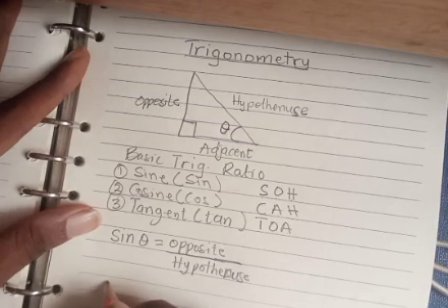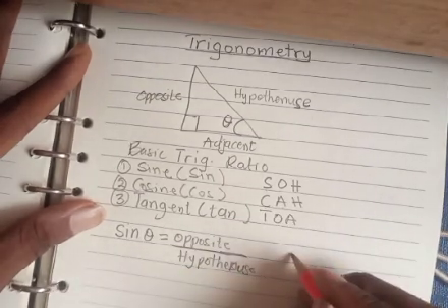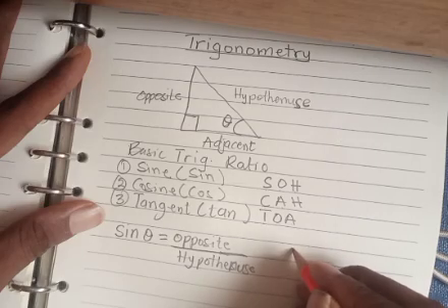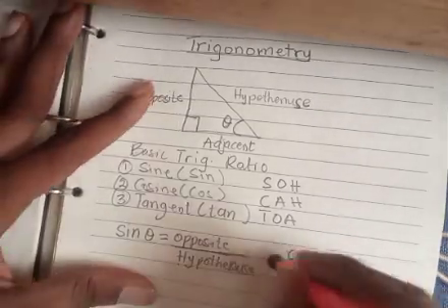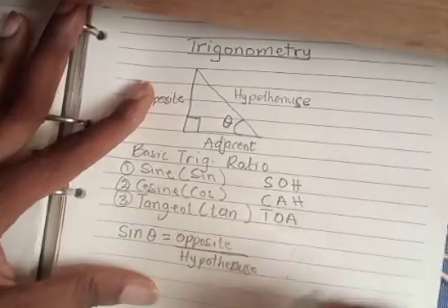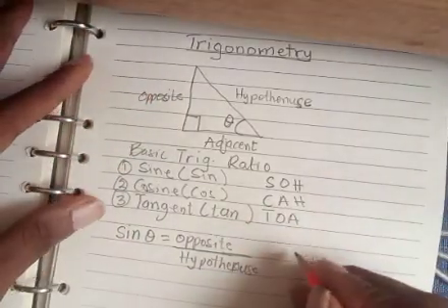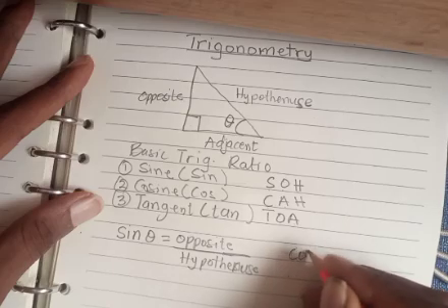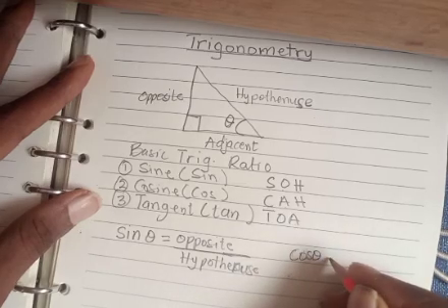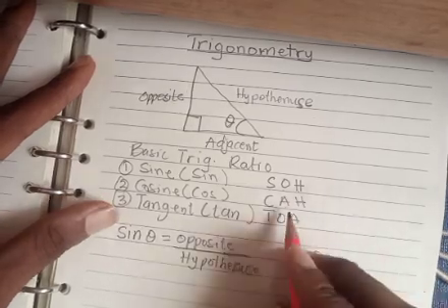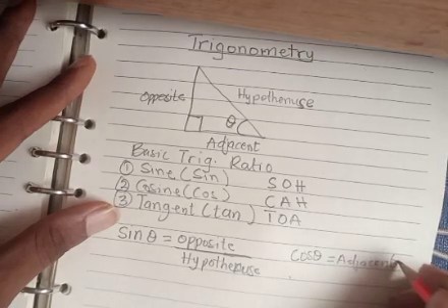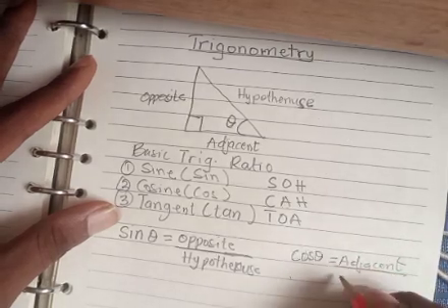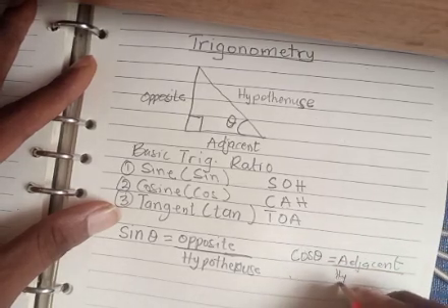Then we have cos. Let me write the ratio: cos theta will be equal to adjacent on hypotenuse.